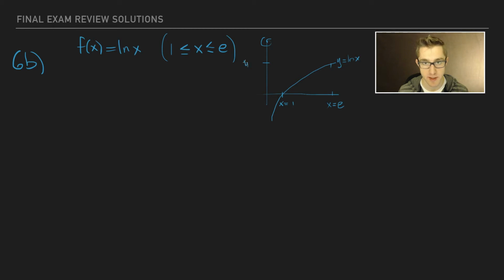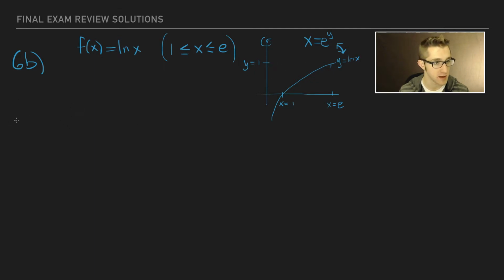So this is y equals 1. We're going to take y equals ln x, rewrite it as x is a function of y. We get x equals e to the y. And so we'll be taking this and revolving around the y-axis. The bounds on y will be from 0 to 1.